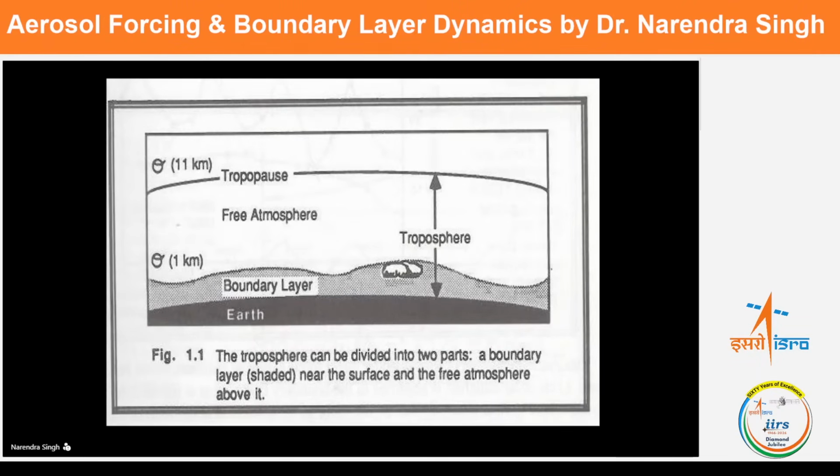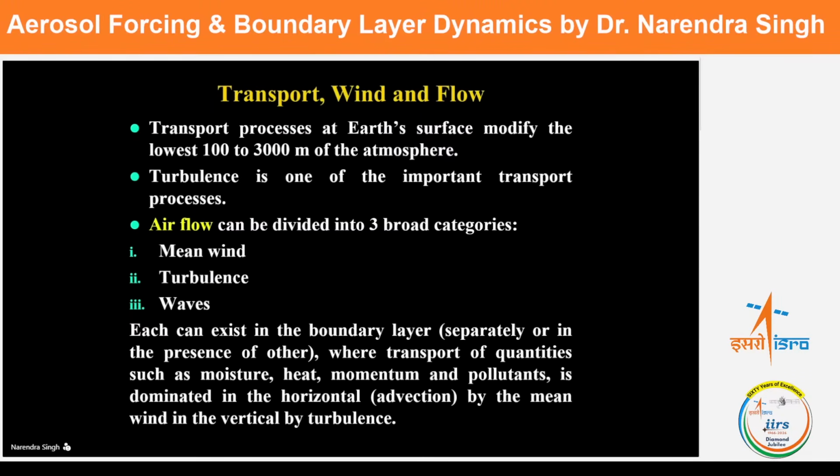So now, how do these processes happen in the atmosphere? In the transport process in the atmosphere, in terms of wind and flow, the lowest 100 meter to 3000 meter of the atmosphere is generally modified by the surface forcing, right?